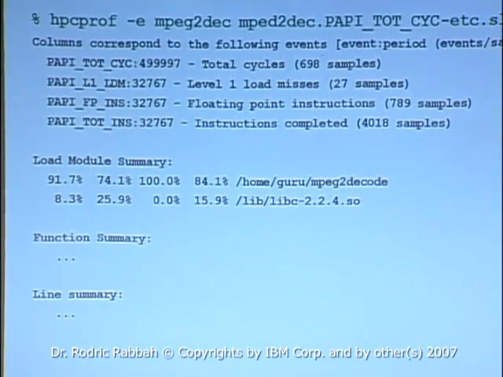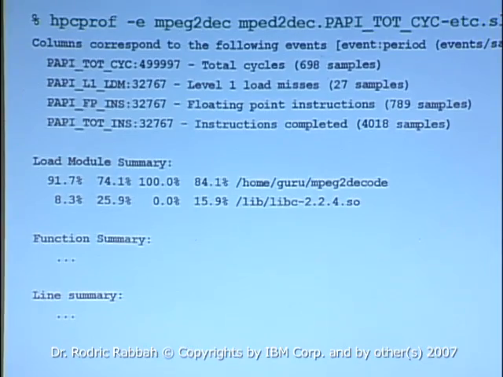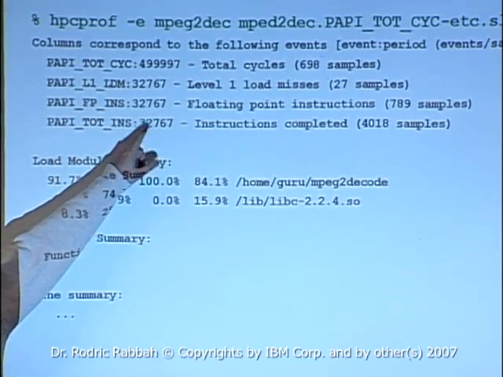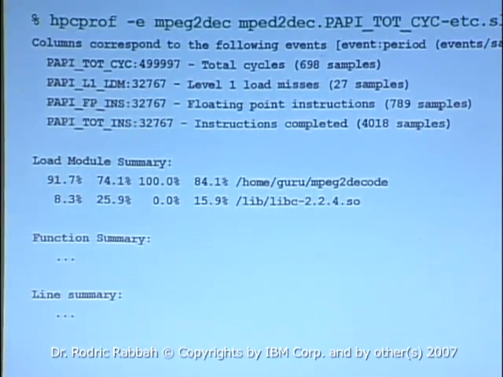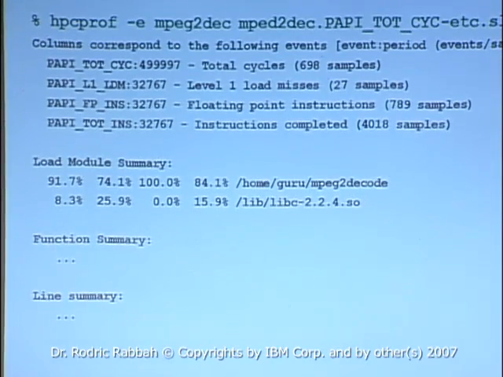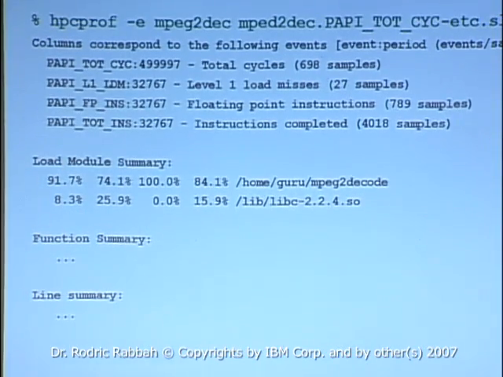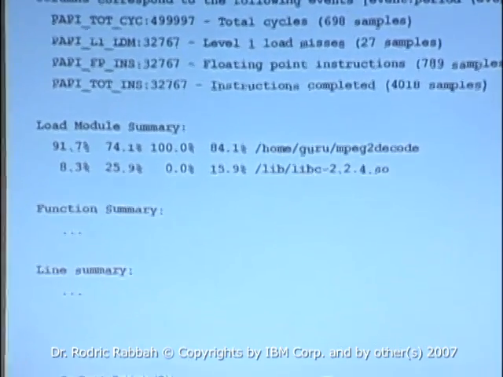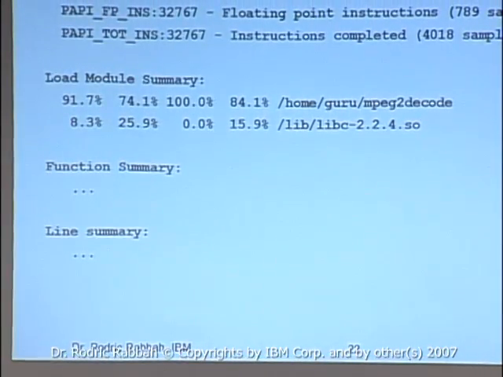So remember what's going on here is the counter is measuring events, and when the event reaches a particular threshold, it lets you know. So here the sampling threshold is 32,000, and so whenever 32,000 floating point instructions occur, you get a sample. So you're just counting how many interrupts you're getting, or how many samples. You multiply the two together, and you can get the final counts.